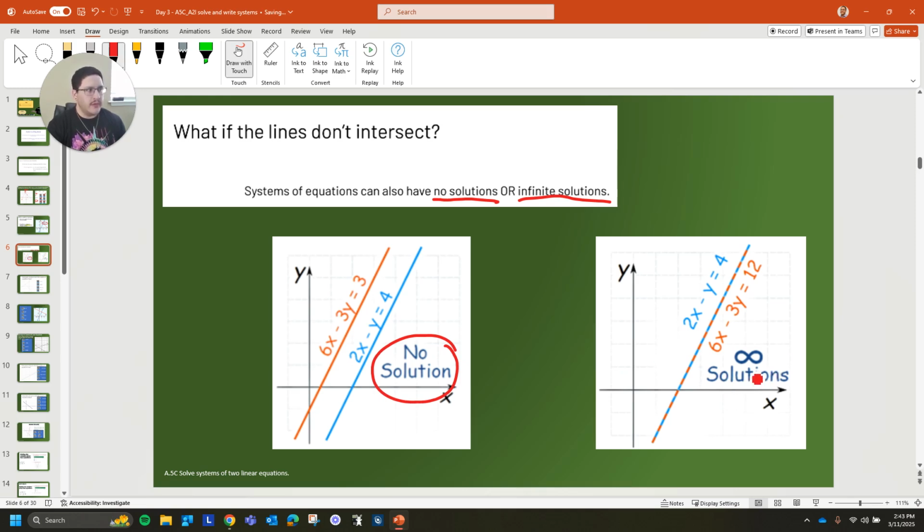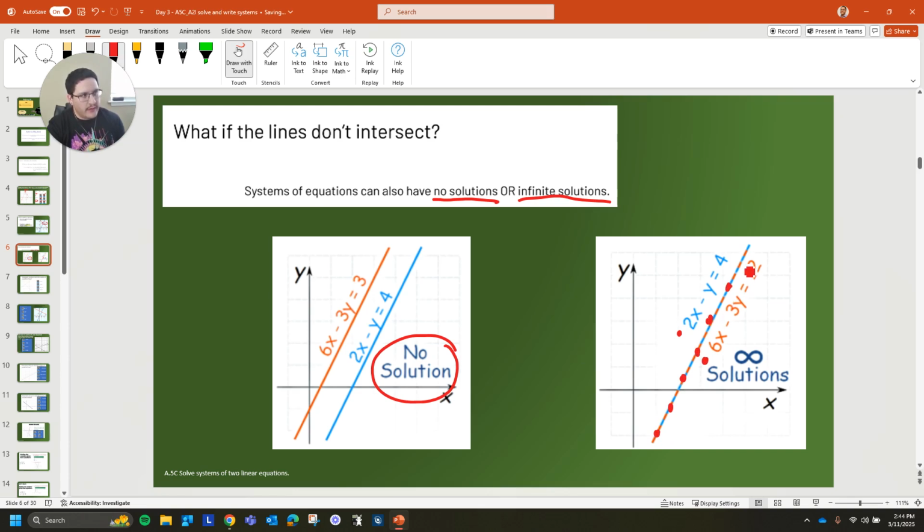Now, infinite solutions means that when you do the math, they're actually the exact same line. They just may be in different forms. So 2x minus y equals 4 is the exact same equation as 6x minus 3y equals 12. If we do the math, which we'll get to a little bit later, you will see. But either way, this is what we call infinite solutions, where they're the exact same line, meaning that every single part of this line, they are intersecting each other.